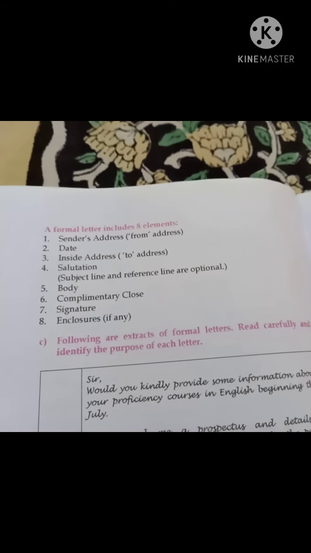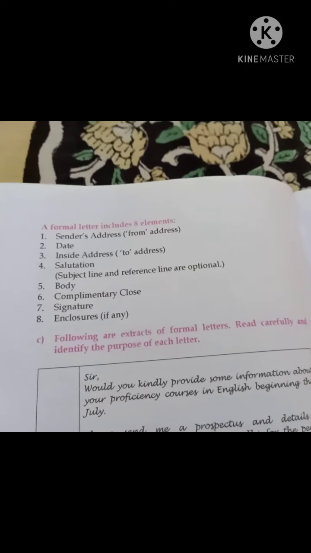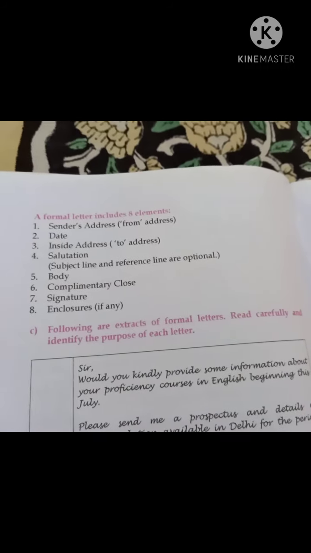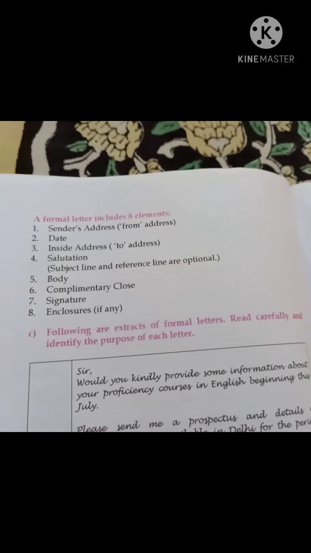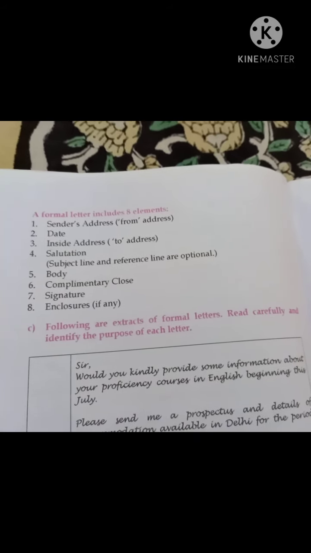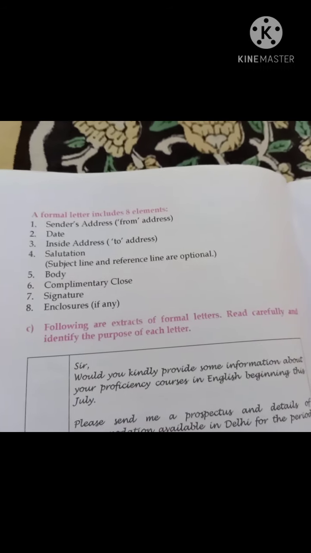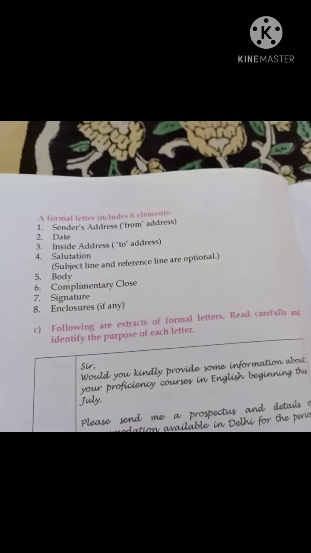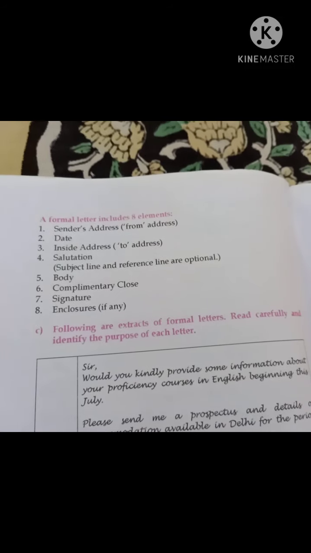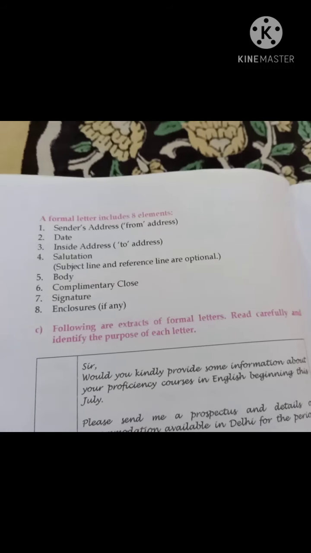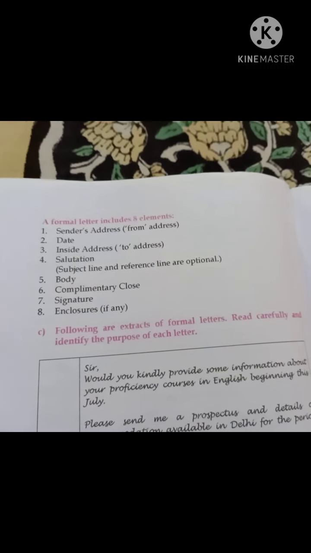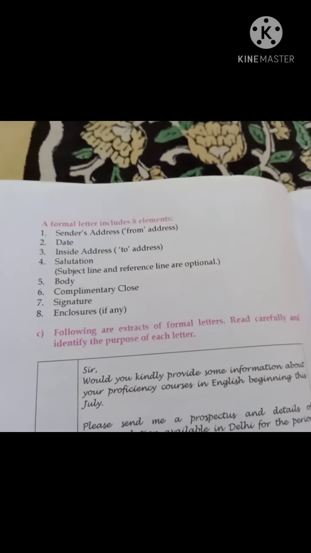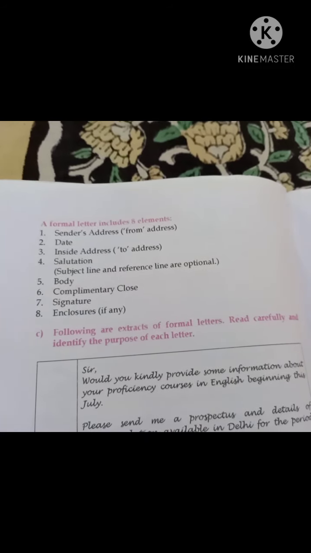The second element is date. When you write the date, you must follow a particular format. That is, you must write the date first, then the name of the month, the first letter in the name of the month must be capital, and then put a comma, write the year.